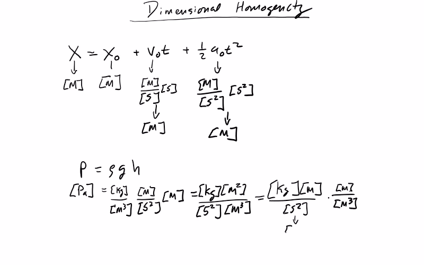And this is a Newton, and this is 1 over meters squared, and so this is pascals, right? Pascals on the left, pascals on the right. That's how this works. All right, that's the idea of dimensional homogeneity.